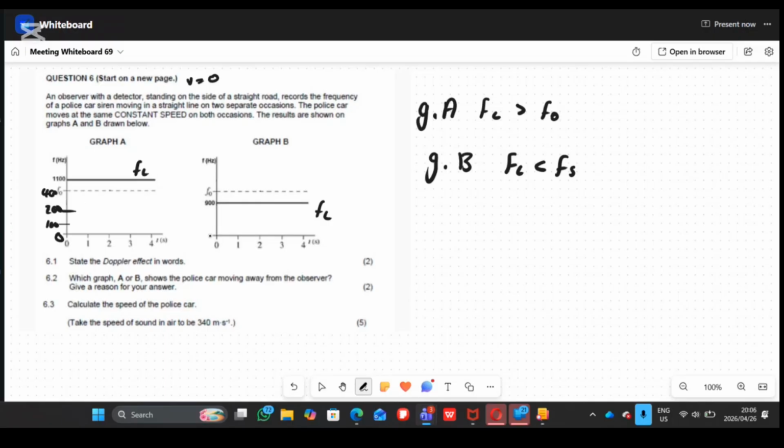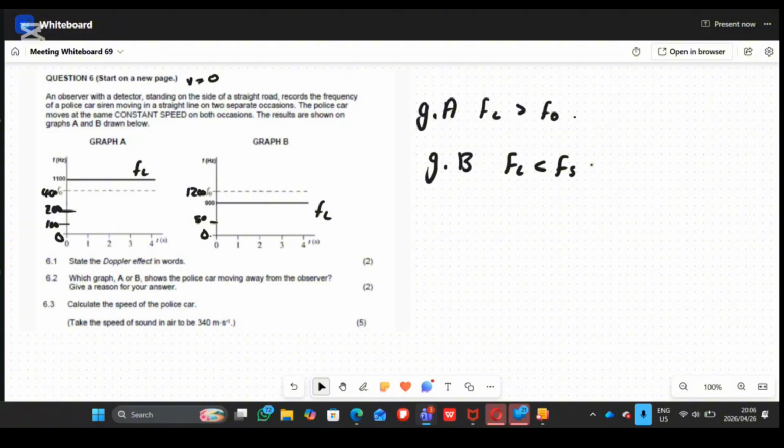Then here it might be 0, and then 500, and then 900. This might be 1200 or something like that. That is why I'm saying in graph number A, the frequency of the listener is greater than the frequency of the sound source. And in graph number B, the frequency of the listener is less than the frequency of the sound source. Are you all fine so far?